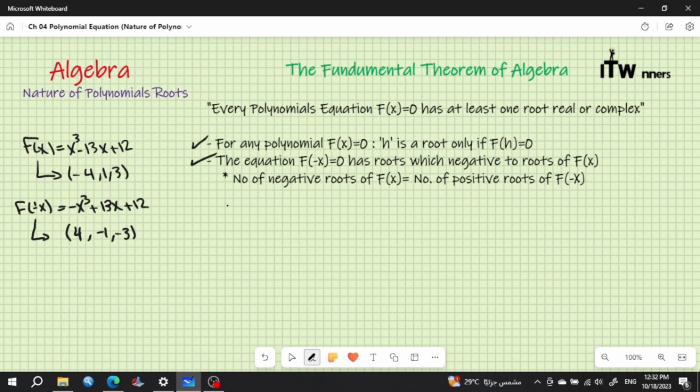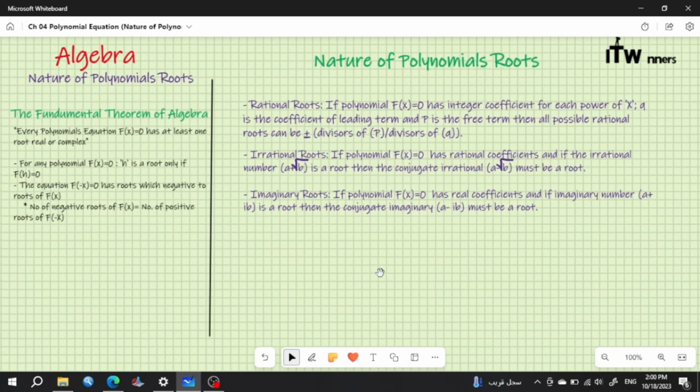Nature of polynomial roots. The roots of a polynomial equation can be rational roots, irrational roots, and imaginary roots. So what is meant by rational?